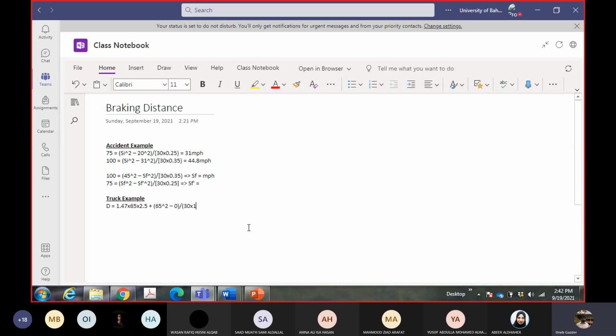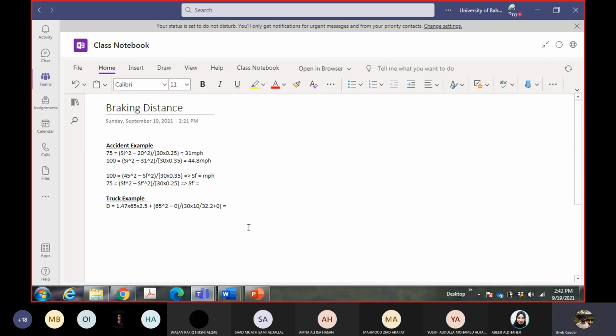Into F. For F, 10 divided by 32.2, so I'm still taking the same driver who was decelerating slowly. It's the same terrain, no gradient, so 0. How much is the distance here?